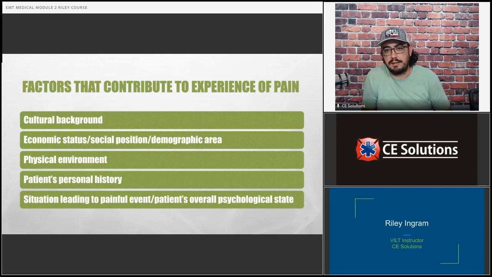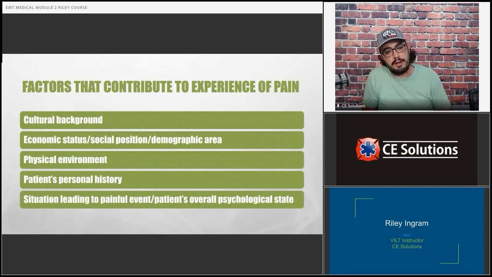It's pretty obvious there. Physical environment ties into that as well. Social position, demographic area. It's pretty self-explanatory. What's the weather like? Is it harsh winters? There are so many factors. Do you live in Chicago, where there's not very much sunshine in the winter, and so you have a lot of seasonal depression? Or what is the case here?